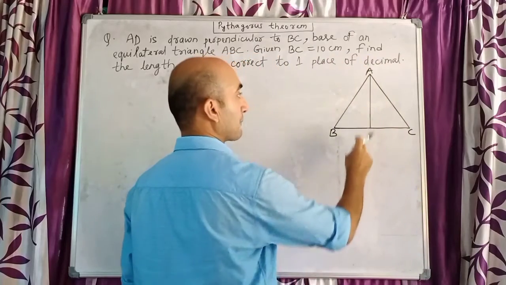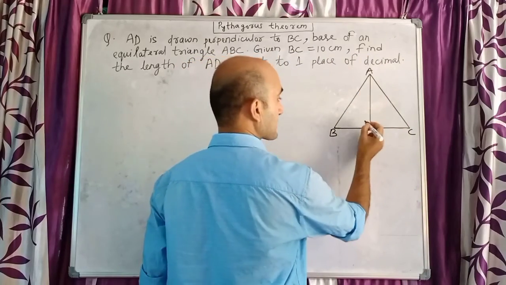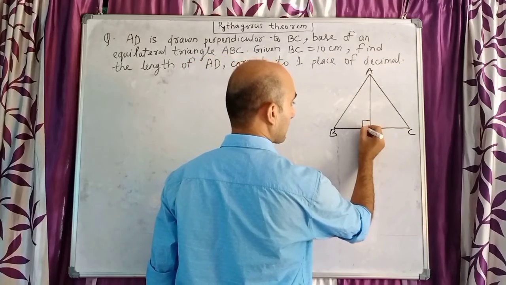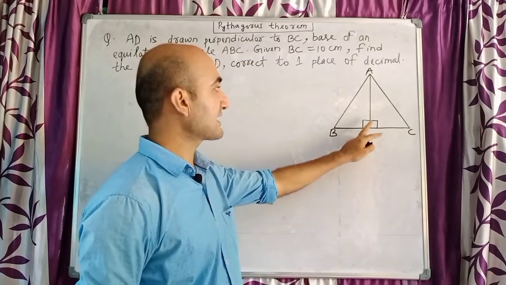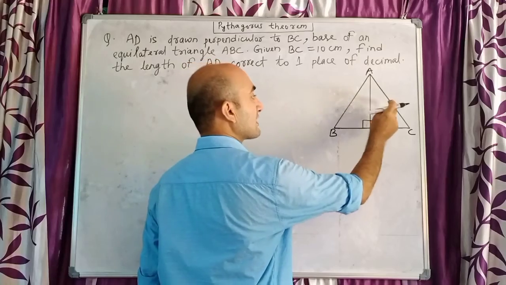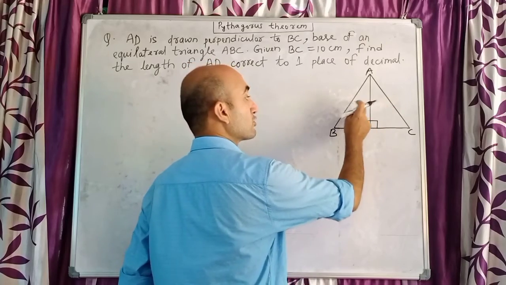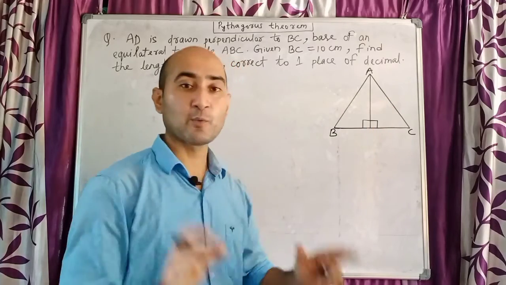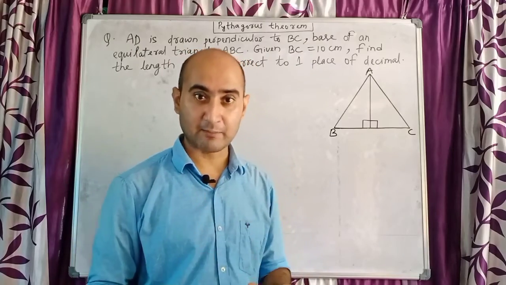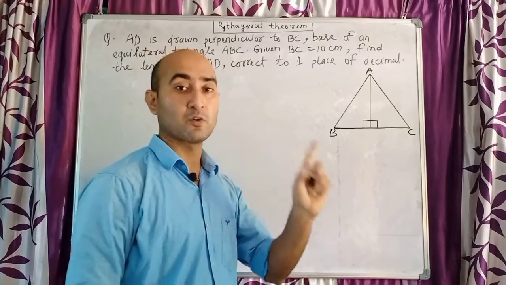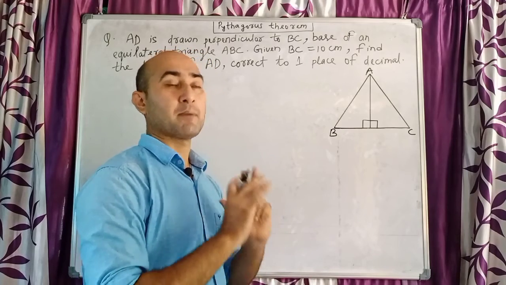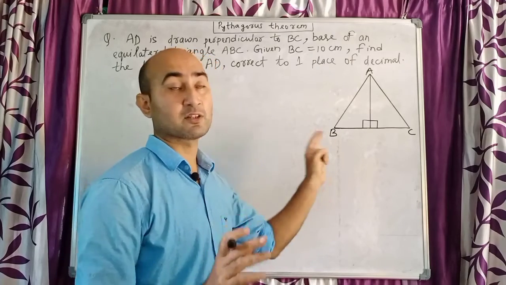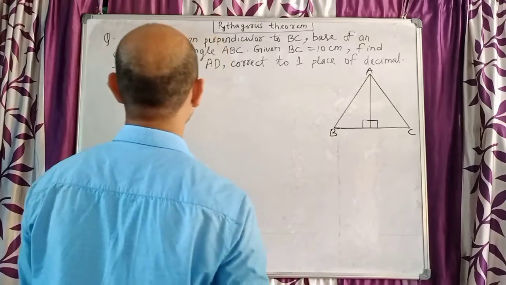So because of this perpendicular, at the base it makes 90 degrees. So because of this 90 degrees, now this single triangle has been divided into two triangles. So that's why now Pythagoras theorem is applicable, because of the word perpendicular. Had there been no perpendicular, then definitely Pythagoras theorem was not applicable for the question, but now it is applicable.